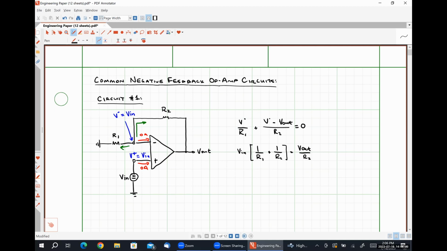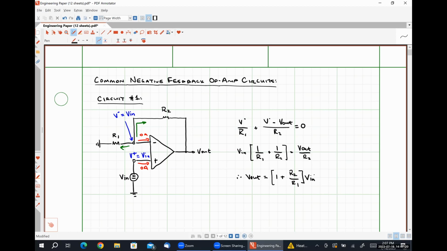And then we can simply multiply both sides by R2, giving us the relationship V out is equal to (1 plus R2 over R1) times Vin. So anytime we have this particular configuration, then we no longer actually need to analyze the circuit at all. It will always behave using this particular relationship.